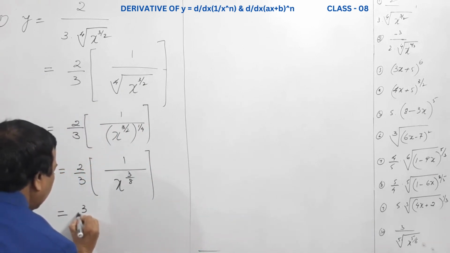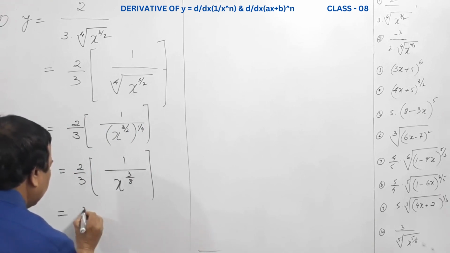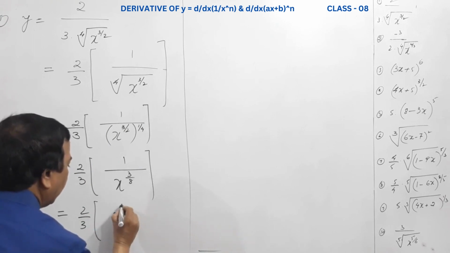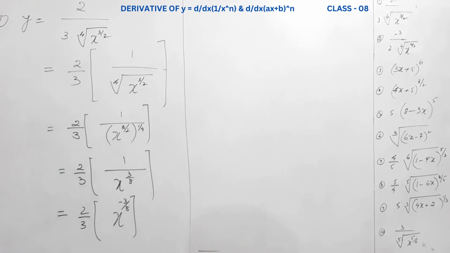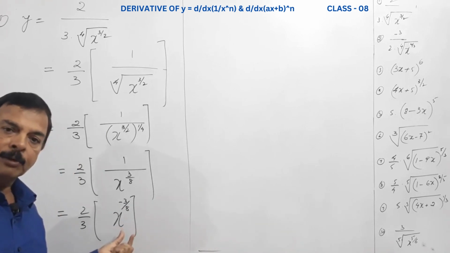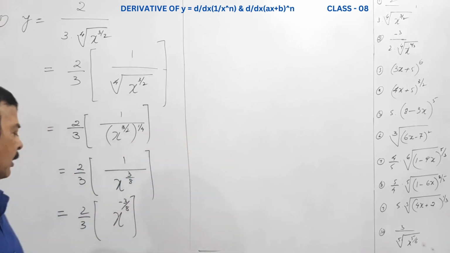This equals 2 by 3 x to the power of minus 3 by 8. Don't you think now this is of the form x to the power of n? From 1 by x to the power of n I have brought it to x to the power of n. So later we will solve this.